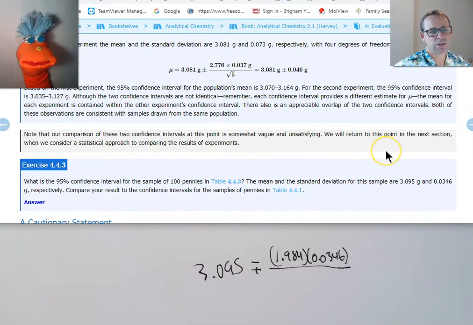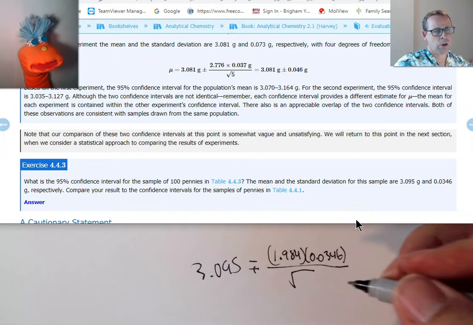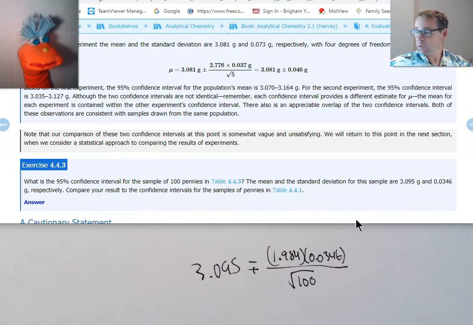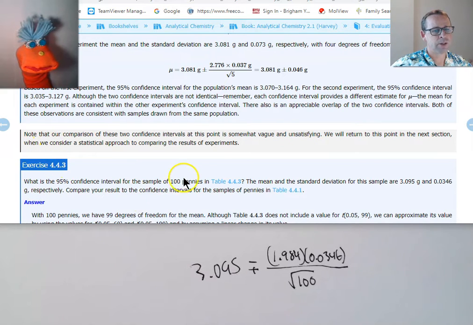For now, we'll just use this and see exactly how they did it as well. But we divide this by what? Square root of 100, or 10. Very good. That's the number of measurements we have. So we'll look at the answer here instead of doing it on the calculator ourselves.